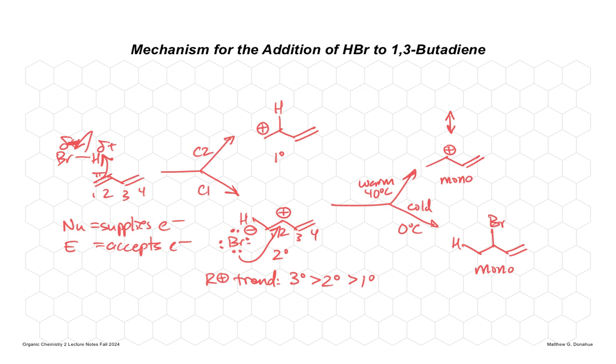If we look at a resonance form, that plus charge is going to migrate over by pushing the arrow like that. So we've gone from secondary to primary, but now this alkene is di-substituted.